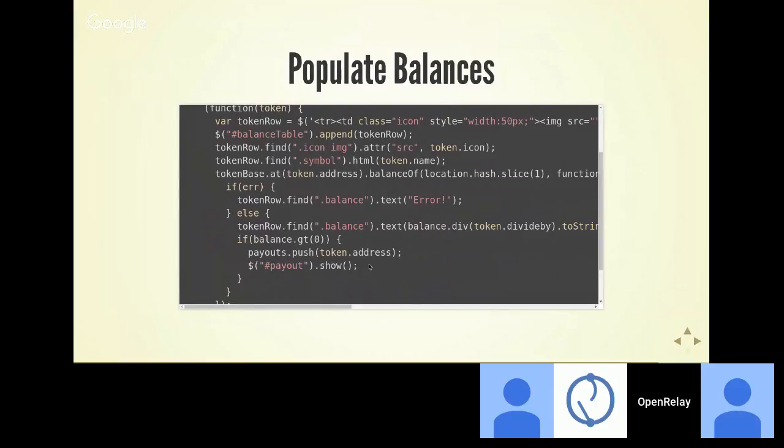So JavaScript number objects are floating point values and can represent integers precisely up to 2 to the 53rd or 53 bits. Because Ethereum integers are represented as 256-bit integers, JavaScript's numbers are not precise enough to deal with token balances correctly.